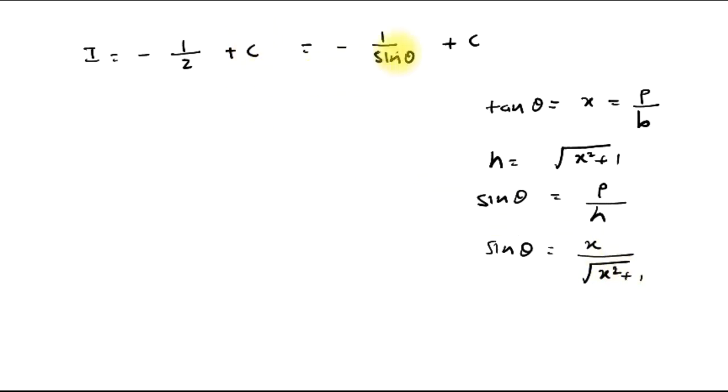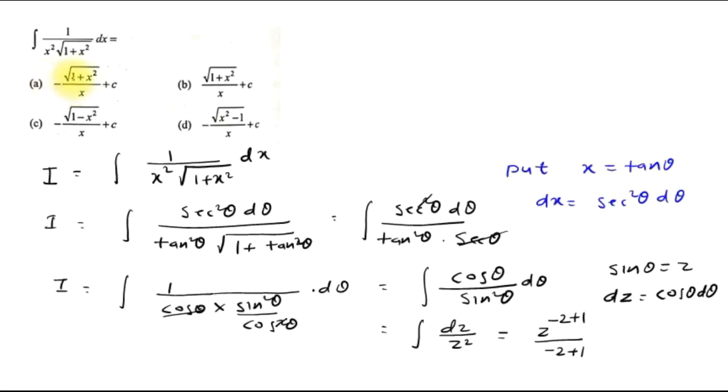So if we put this value, I becomes minus under root x square plus 1 divided by x plus integration constant c. So if we look at the options, option A, that is minus under root 1 plus x square divided by x plus c, is correct one.